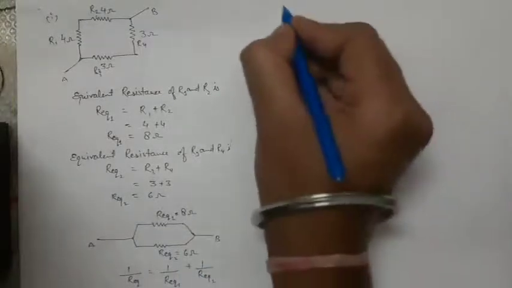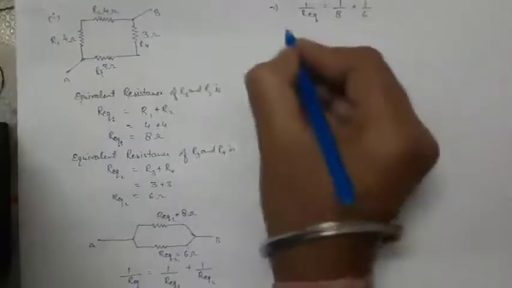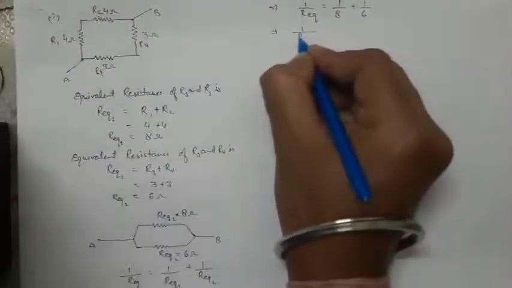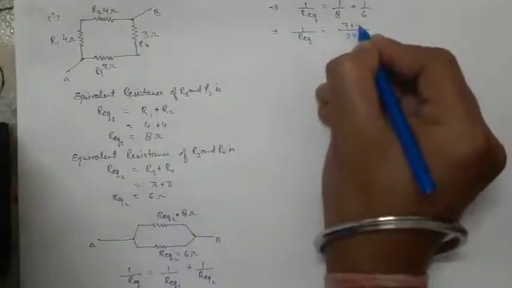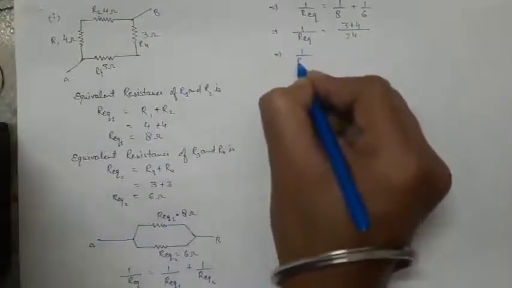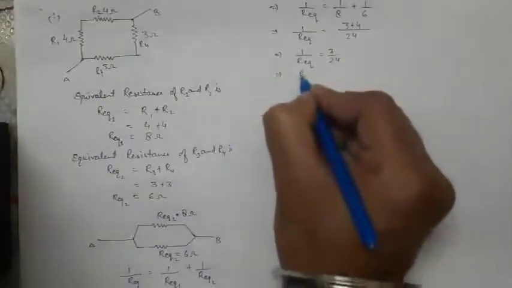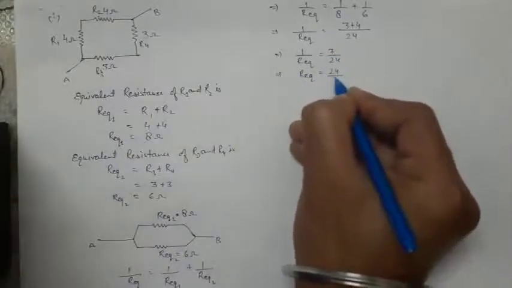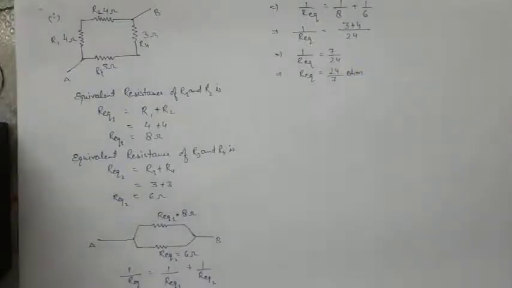Here is the calculation: 1 upon R equivalent equals 1 upon 8 plus 1 upon 6. We take LCM, that is 24. 3 plus 4, 7 upon 24. So the value of R equivalent equals 24 upon 7 ohm.